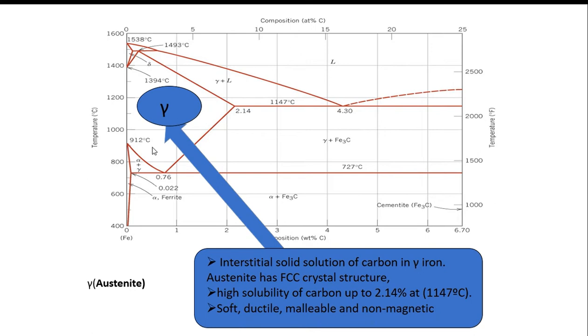It is soft, ductile, malleable, and non-magnetic. These properties of austenite are very important, right? So under this region, only here can you form austenite, right?